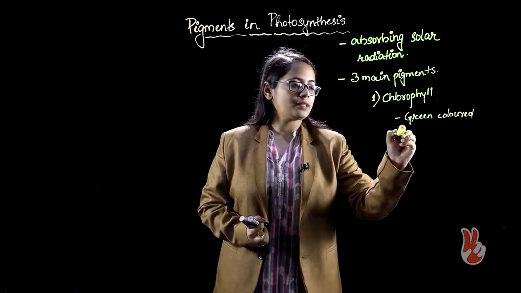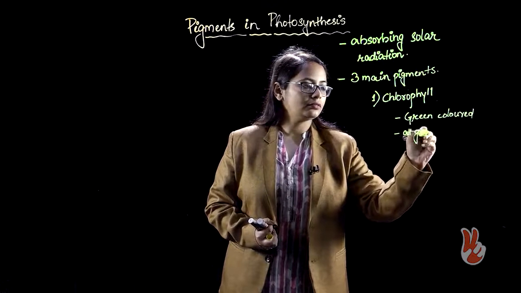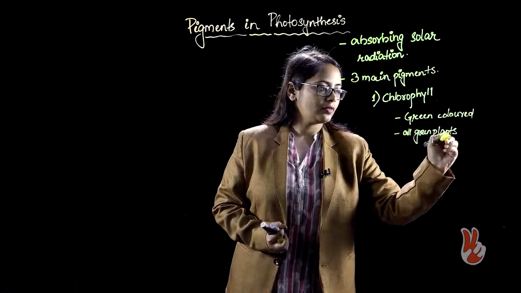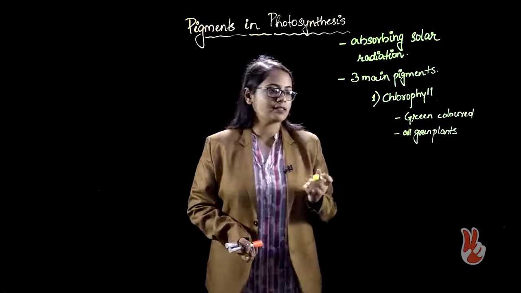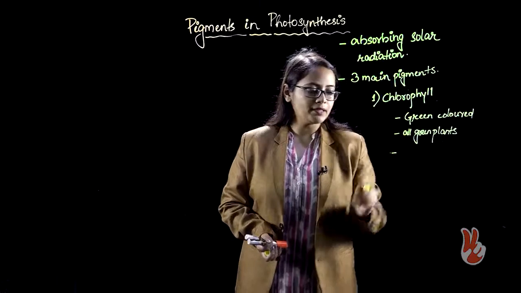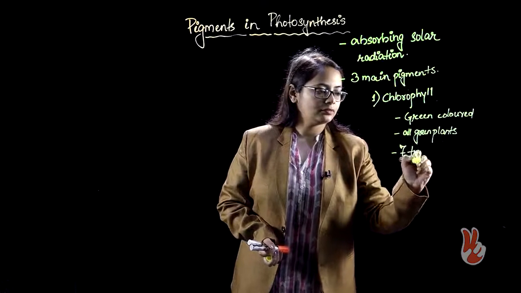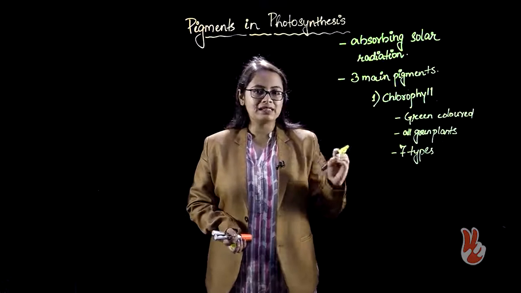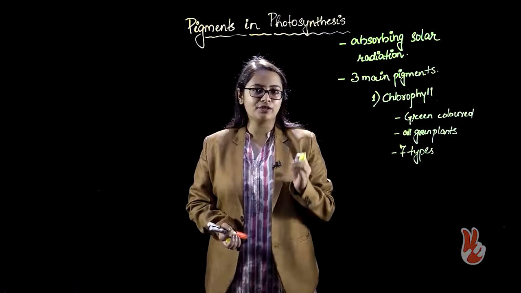It is present in all green plants and all the organisms that produce their food by photosynthesis. The chlorophyll pigment can be of 7 types, namely chlorophyll A, B, C, D, E and bacteriochlorophyll and bacterioviridin.